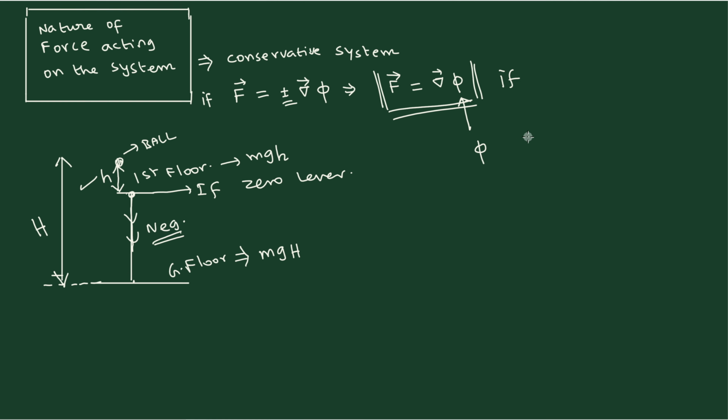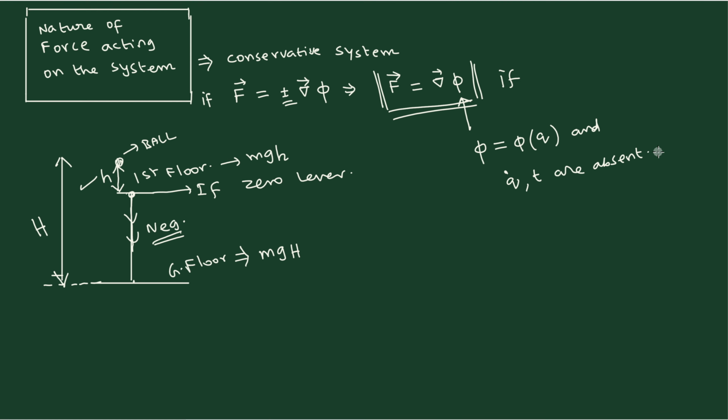That's fine. It has to be a scalar, otherwise you can't take the gradient. So phi is scalar, but phi will be only dependent on the generalized coordinates. That means q dot and t are absent. This is important.